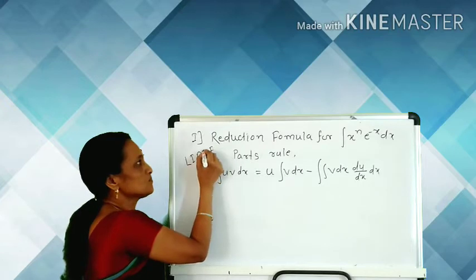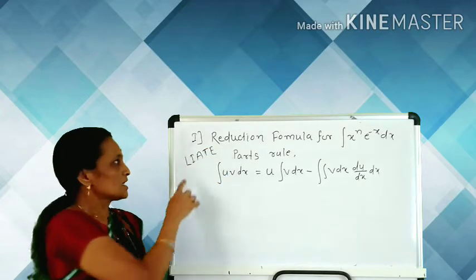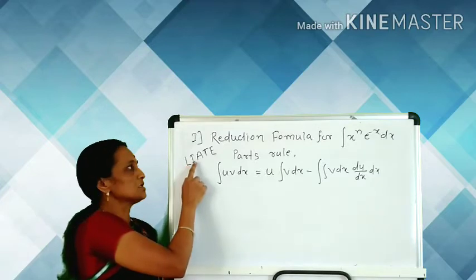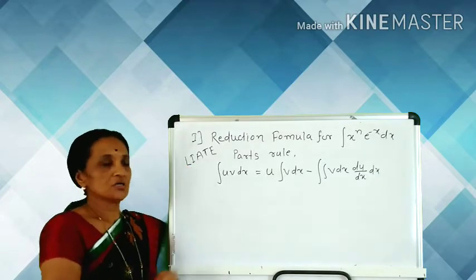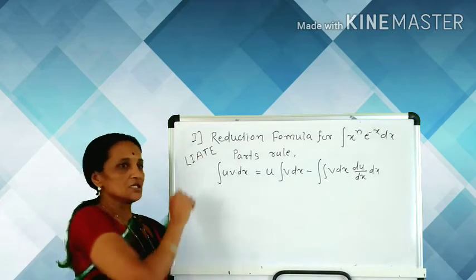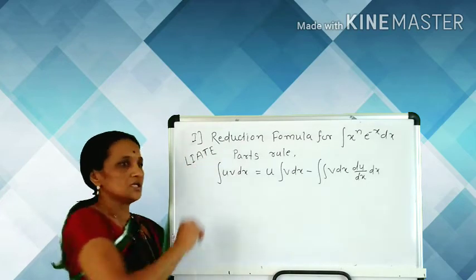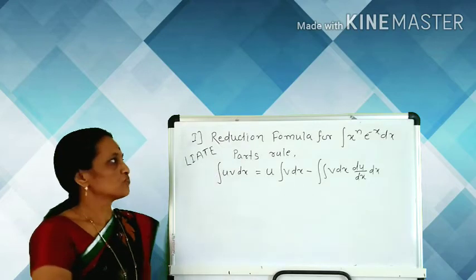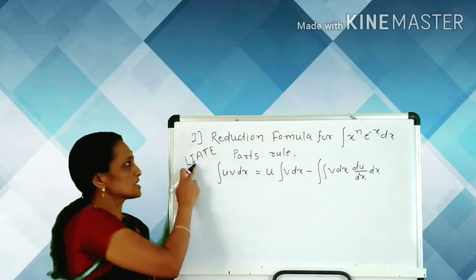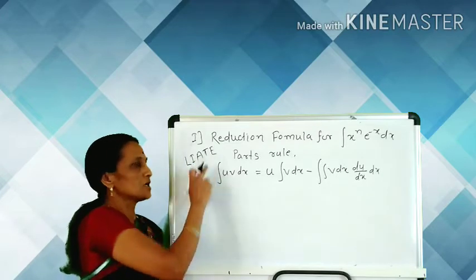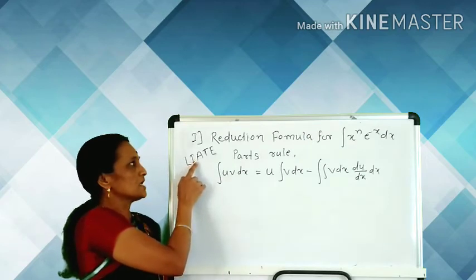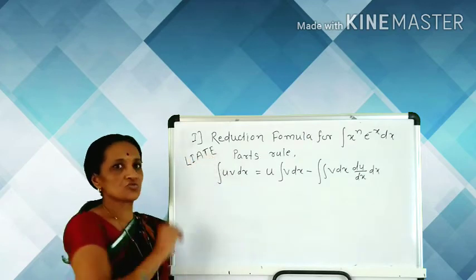In this word, L denotes the logarithmic function, I denotes the inverse function, A is the algebraic, T is the trigonometric, and E is the exponential. Here the first and second function depend on the order of the letters present in this word.